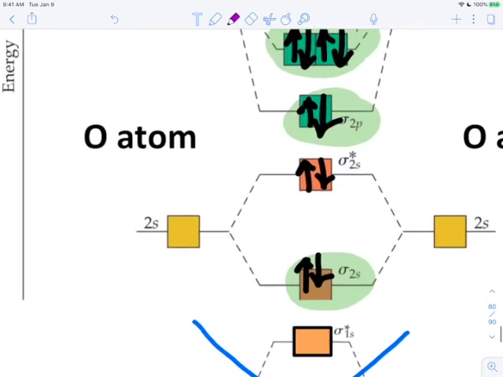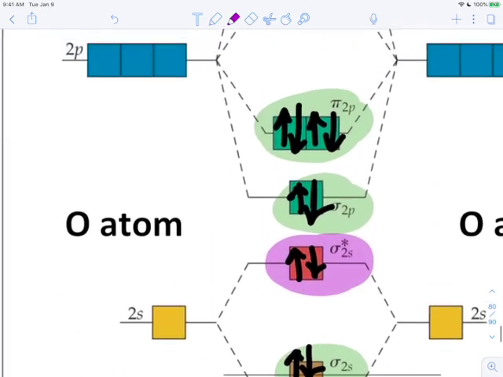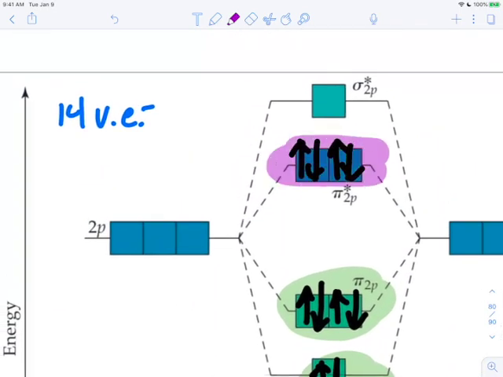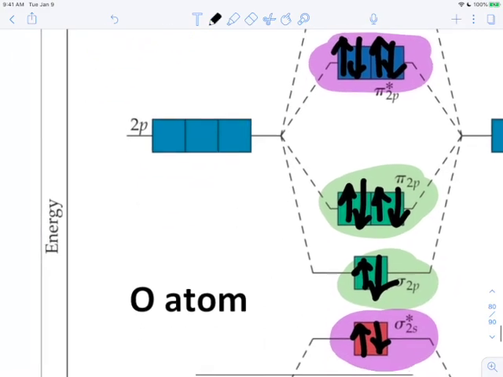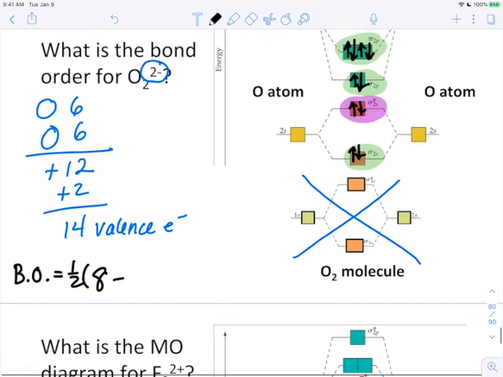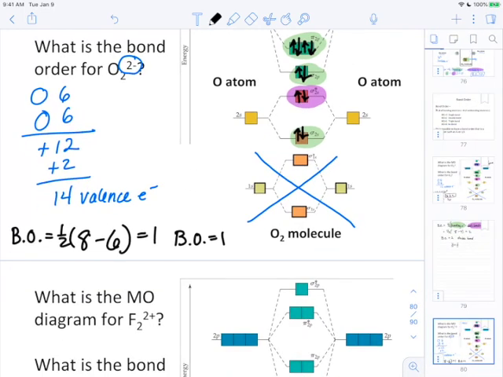Now I'm going to look at anti-bonding. It looks like we have 2 right here, and it looks like 4 over here for a total of 6. All right, so 8 minus 6 will give us 2. Half of that will be 1. So we do indeed have a bond order equal to 1.